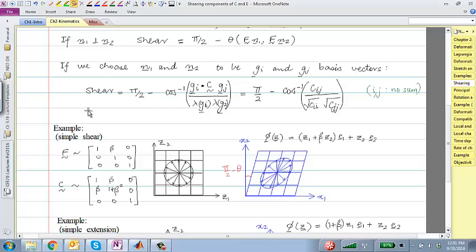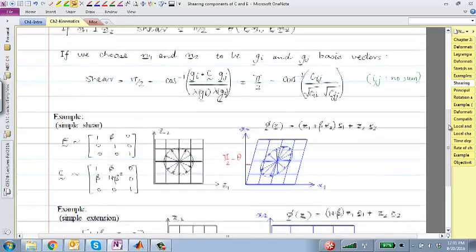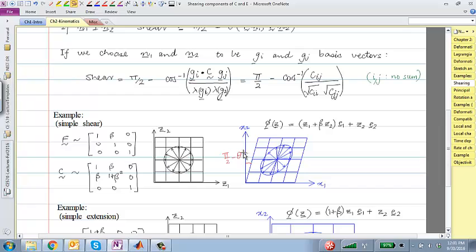And let's check that for this simple shear example. For the simple shear example, we calculated F to be that tensor. We calculated C to be this tensor with beta on the off diagonals. Now, what we'll do is try to figure out what this angle would be between E1 and E2.